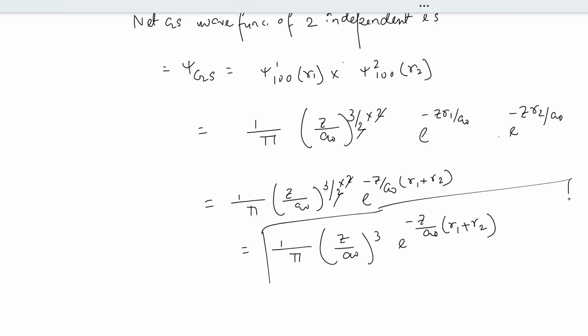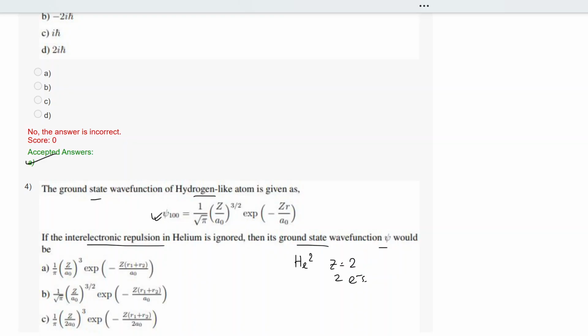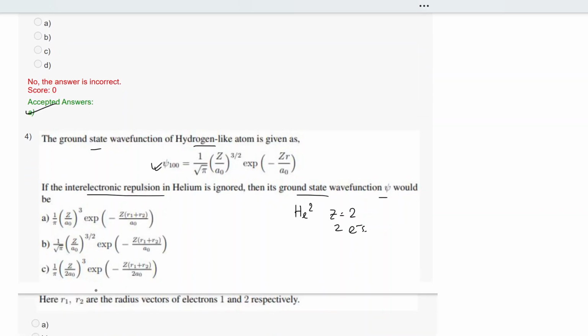So this is your answer, the wave function for the helium-like atom in the ground state. Okay, so this is the answer we have obtained.